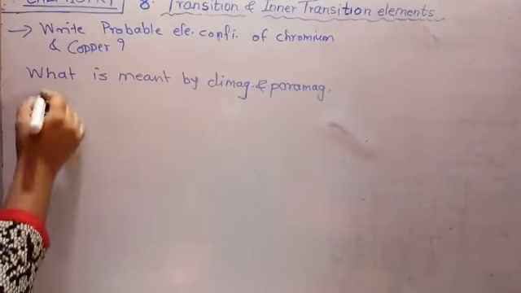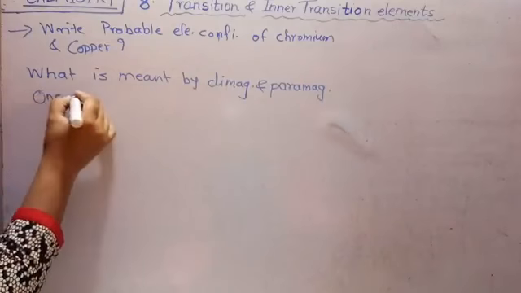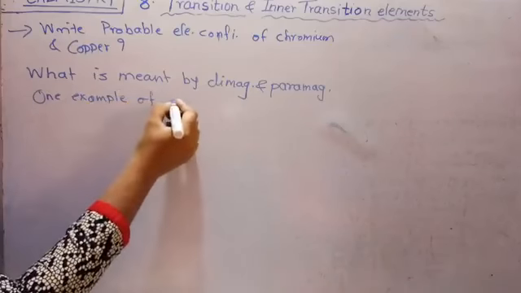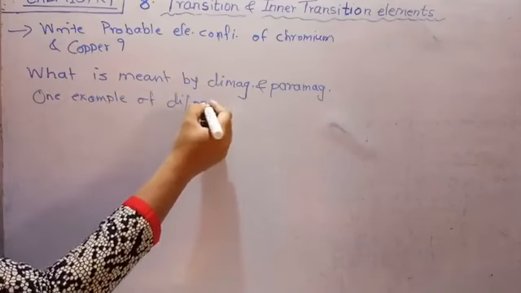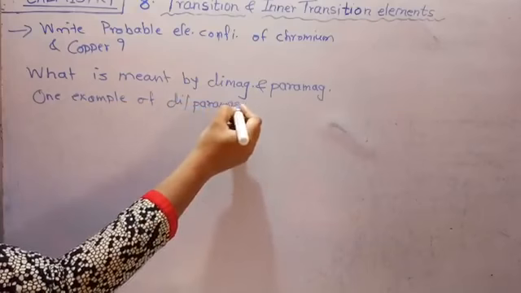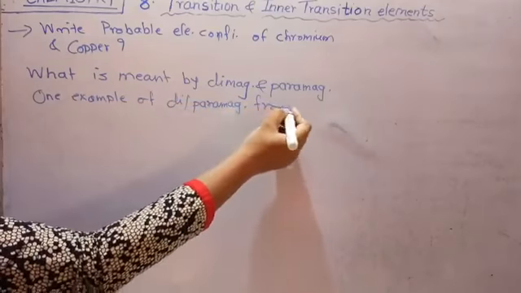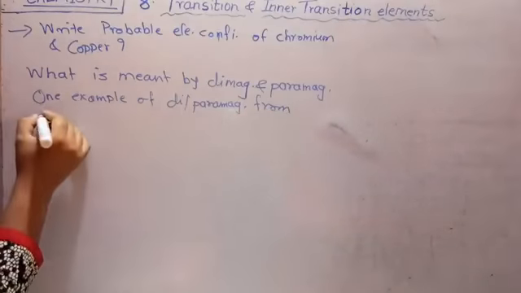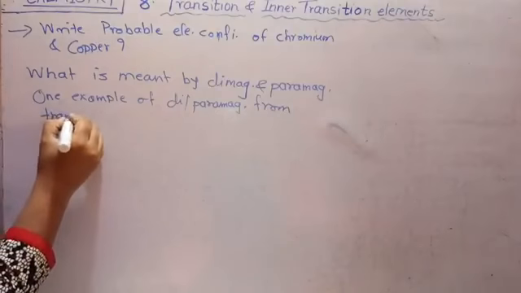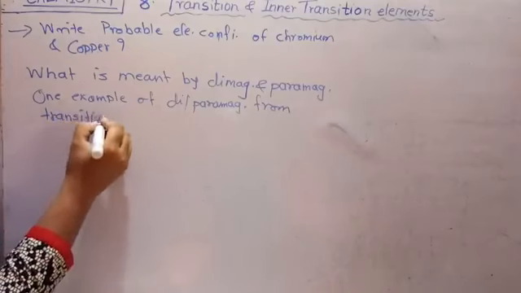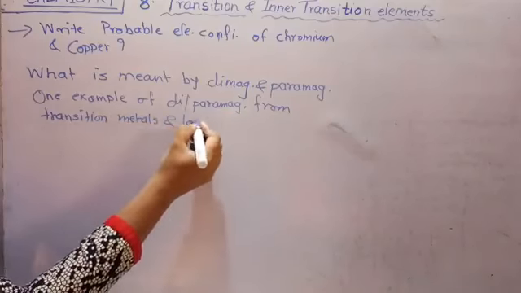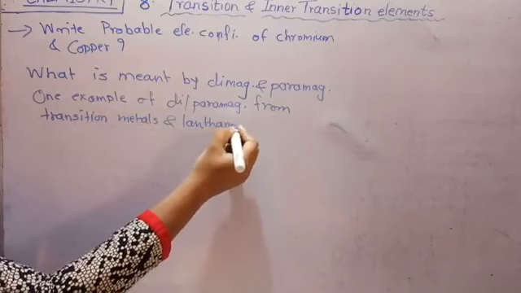Give the one example. Write the one example of diamagnetic and paramagnetic from transition metals and lanthanoid metals.